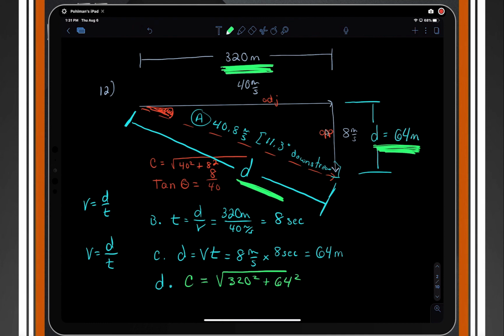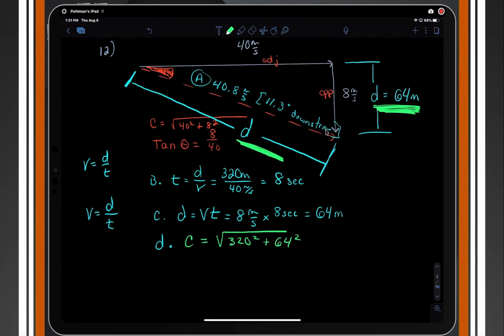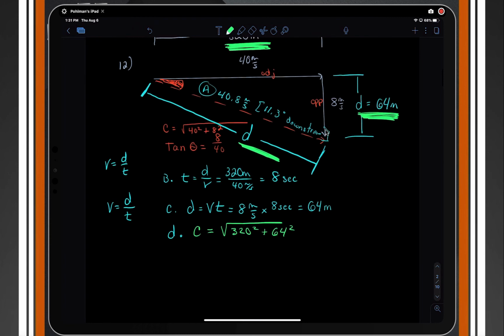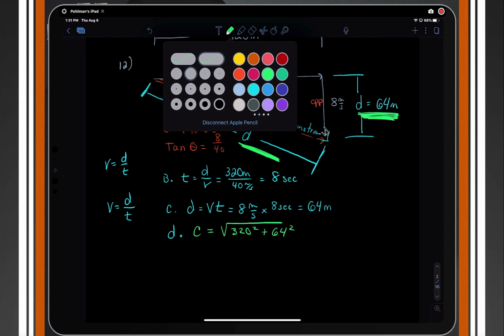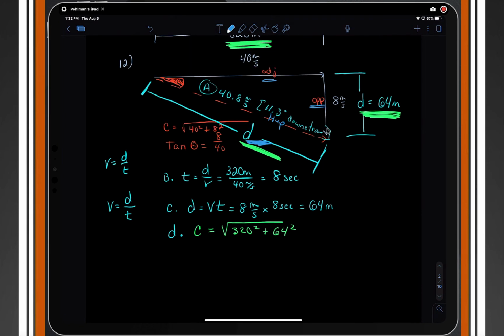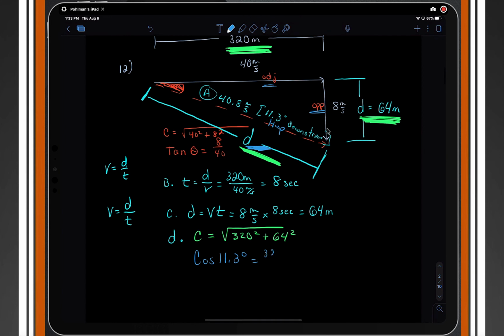Now, another way that we could solve that is we have the angle, that 11.3. So we potentially could solve the distance with opposite, adjacent, and hypotenuse. We could say cosine 11.3 degrees, that's our angle, equals adjacent, which is the 320, divided by the hypotenuse.